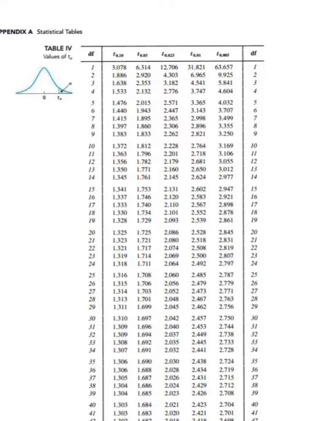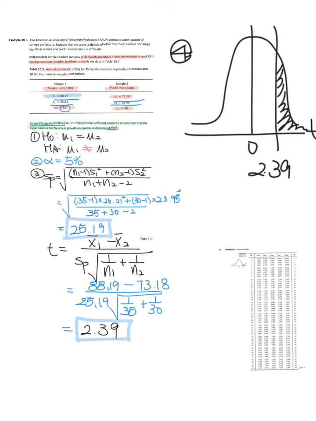Now we are in chapter 10. In chapter 9, what was the degree of freedom? n minus 1, because we had only one sample, one n. But now we have two n's. Look at this. We had 35 and 30.